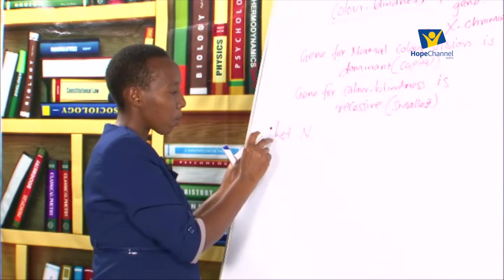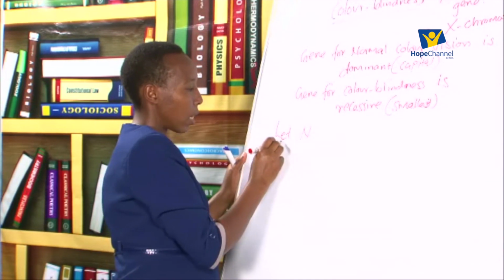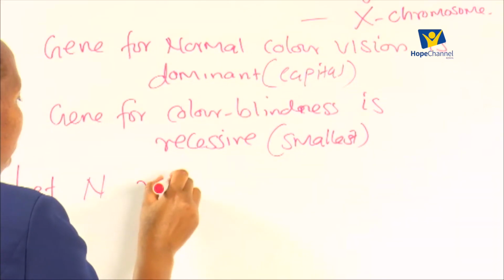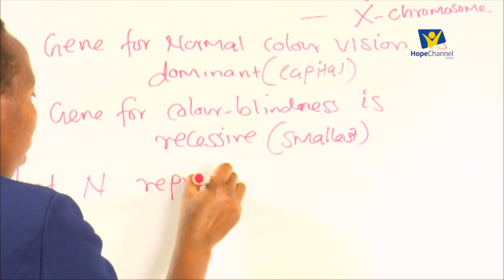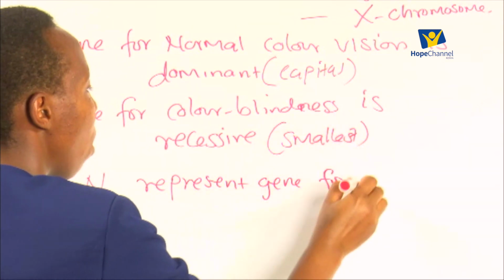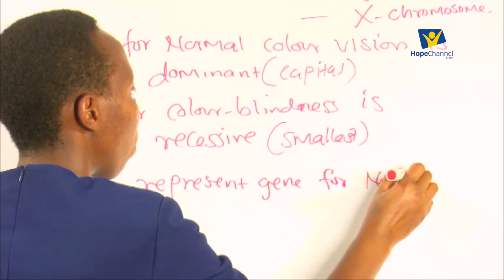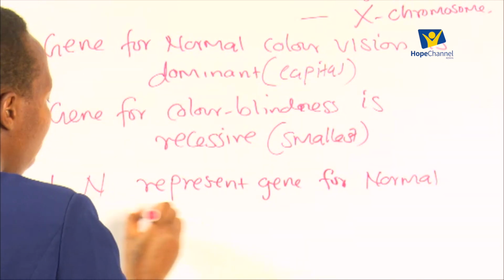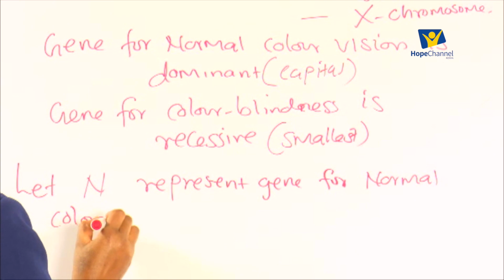So I'm using letter N. Let letter N represent the gene for normal color vision.